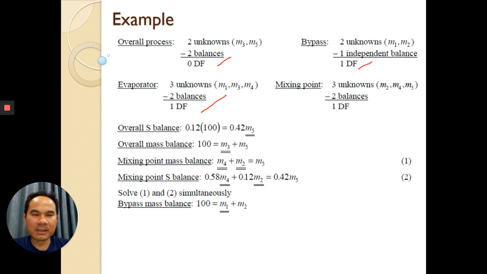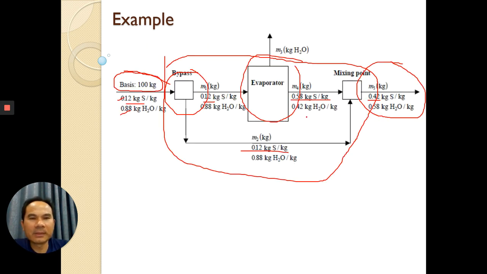And then we check the mixing point. The unknowns are M4, M2, M5.